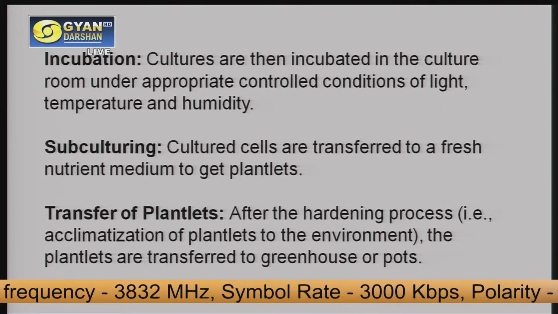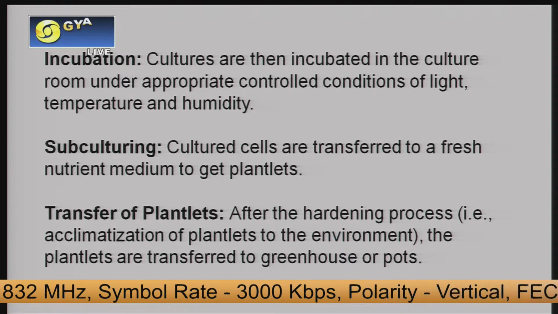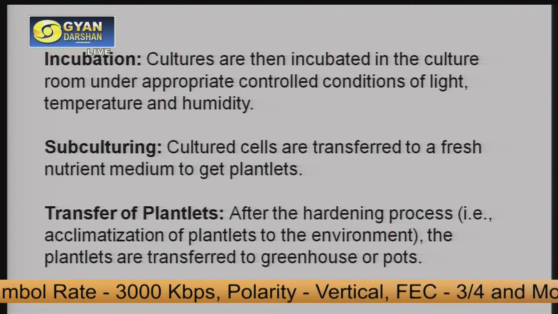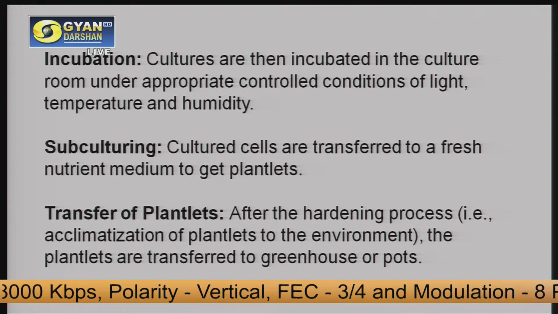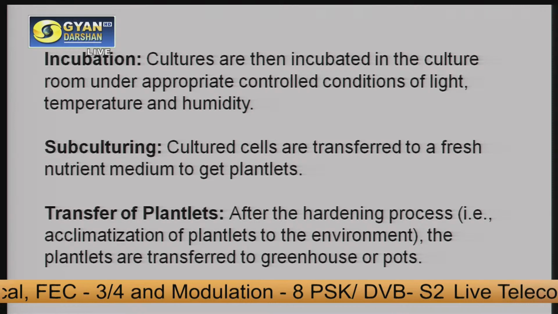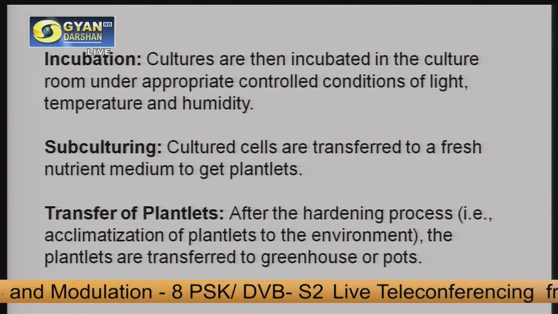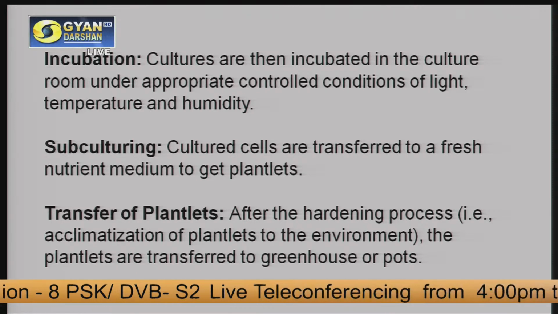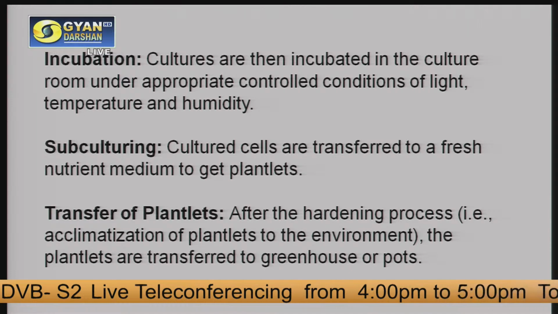Next step is incubation. Now you have to allow the plant tissue to grow in the culture medium for a sufficient period of time under appropriate conditions of light, temperature and humidity, which you maintain in your tissue culture room.